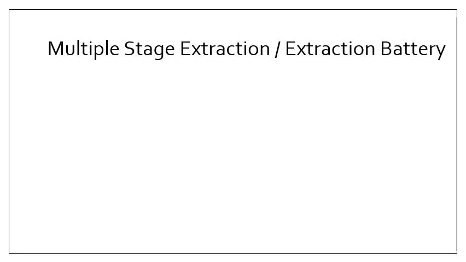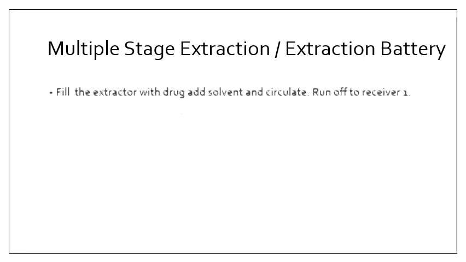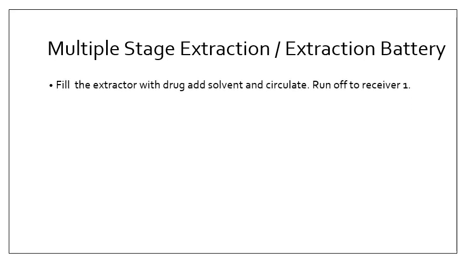The multi-stage extraction or extraction battery is an advanced process of maceration. In that we have an extractor and we have at least 3 receivers. We take a fresh drug and place the drug into the extractor. Then we take the menstruum and move the menstruum from the extractor and transfer it to receiver number 1.